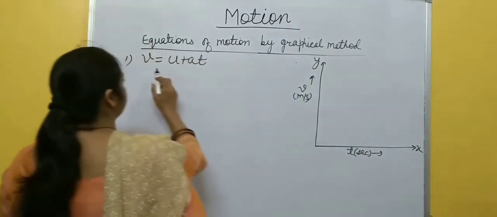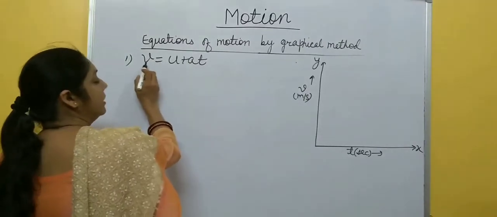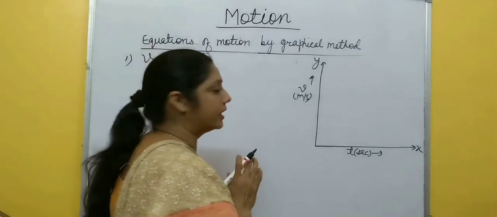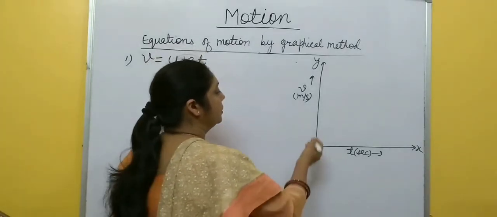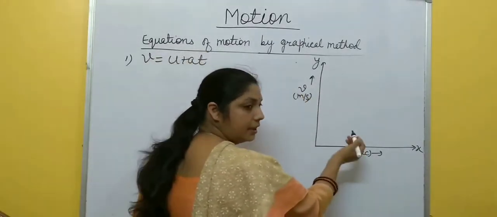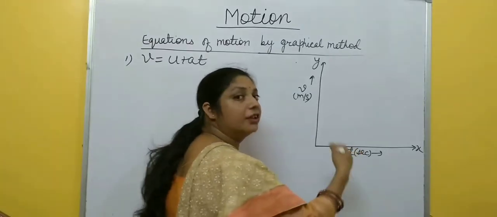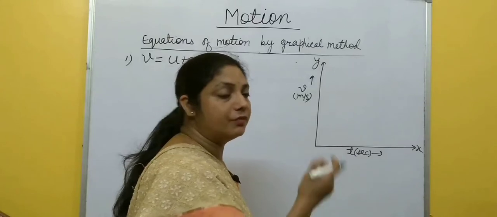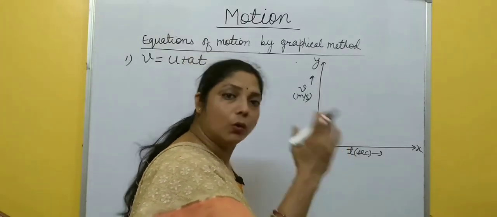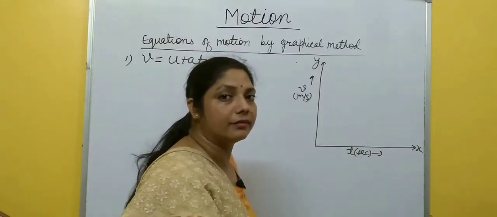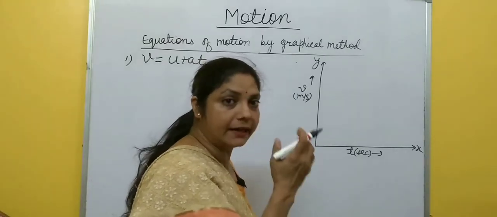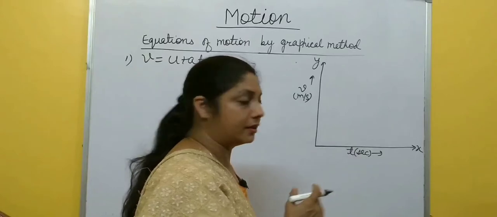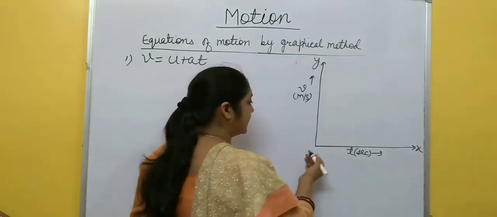And to establish this relation, here initial velocity, final velocity and acceleration, all these things are there. So we consider a velocity time graph moving with uniform acceleration. Uniform acceleration means velocity changes by equal amount in equal interval of time, so that change in velocity is always constant.